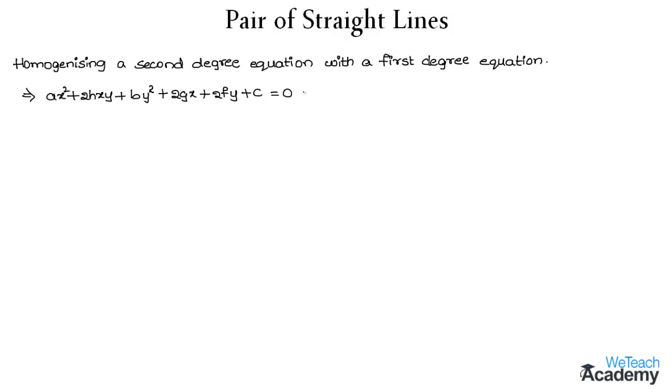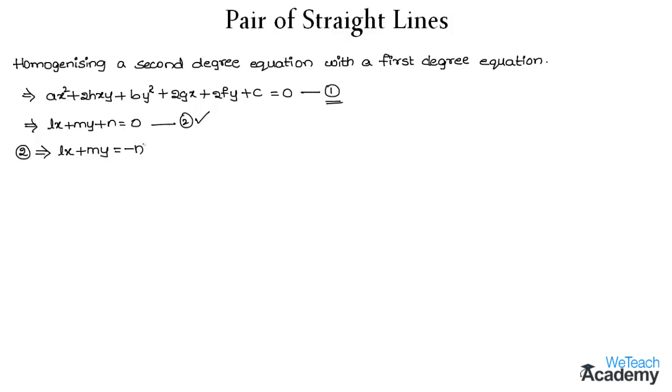Let us name this as equation 1, and now let us consider a first degree equation in the form of lx + my + n = 0. Let us name this as equation 2. Here, as we are homogenizing equation 1 with the help of equation 2, let us consider equation 2, which can be written in the form of lx + my = -n.